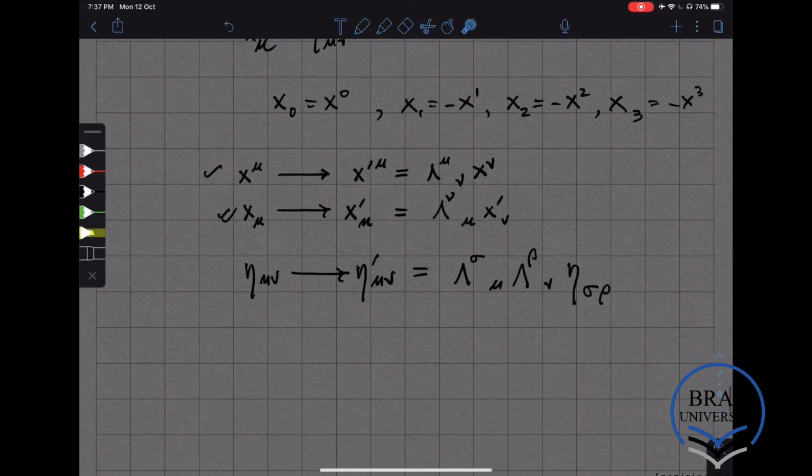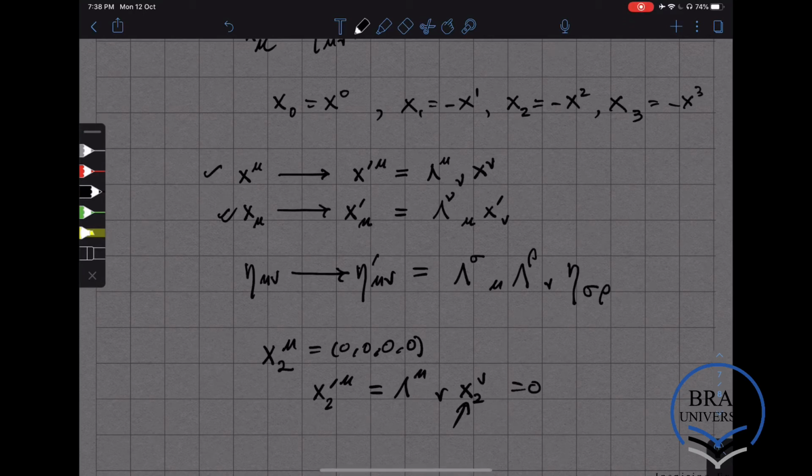Now, one of the things about a tensor or vector is that if it's 0 in one coordinate system, it's 0 in every coordinate system. And therefore, the fact that we chose x_2^μ to be 0 in one coordinate system means that x'_2^μ in another coordinate system is Λ^μ_ν x_2^ν, but all of these are 0, therefore this is 0 as well.